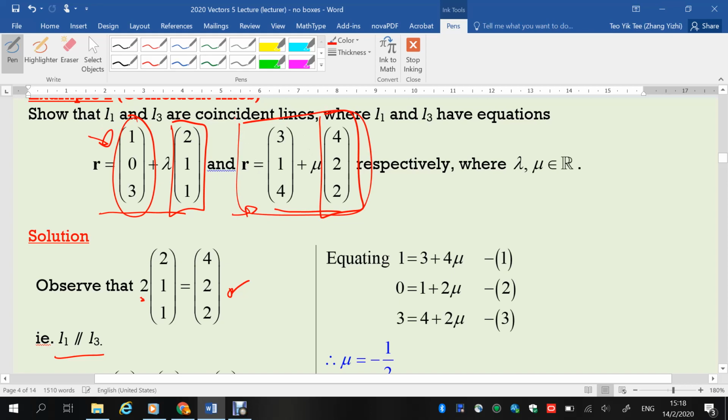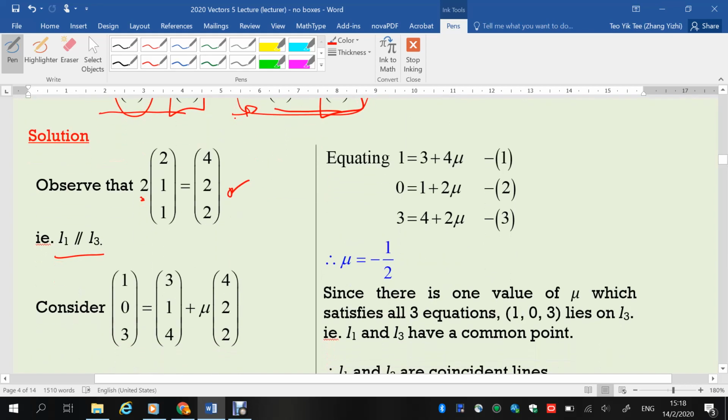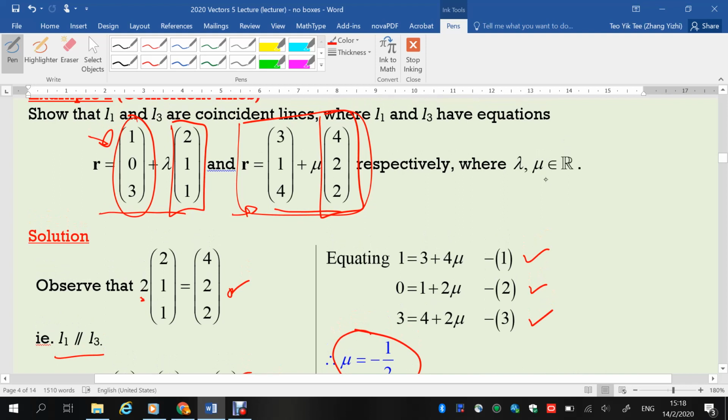So I'm going to consider again: (1, 0, 3) is equal to the line. Same thing, I can generate 3 equations. Looking across horizontally, I generate 3 separate equations. And then from there, if you solve each one of them, you realize that mu is equal to minus half. So if mu equals minus half can satisfy all 3 equations, it means that (1, 0, 3) lies on this line.